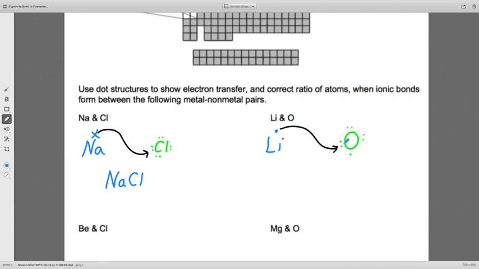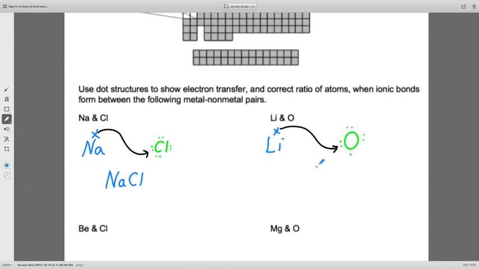So I'll go ahead and represent that. It has moved. It is no longer here. It has been transferred to oxygen. That lithium atom would be following the duet rule now. It would have a configuration exactly equal to helium, which is very stable. However, the oxygen atom has not yet gained a full octet. It needs to pick up another electron.